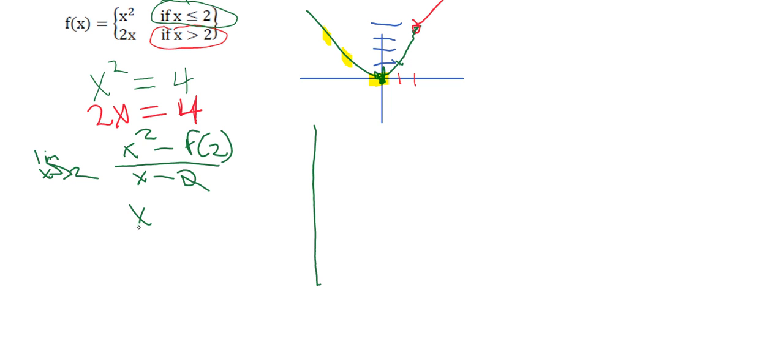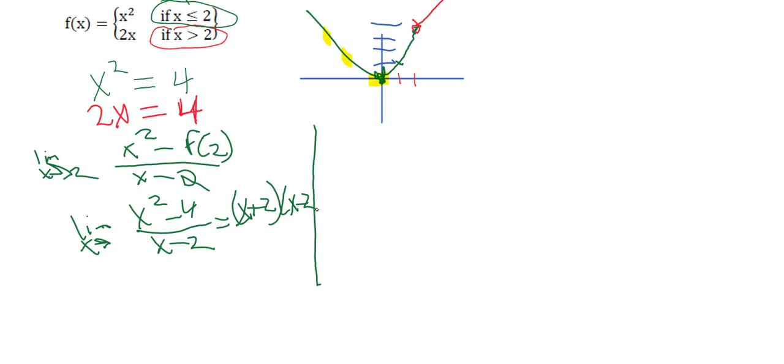So we have x squared minus 4 over x minus 2, and all the while it's the limit as x approaches 2. And of course we could factor the top, get x plus 2 and x minus 2. And on the bottom, of course, we have our x minus 2, and so we're able to cancel that.